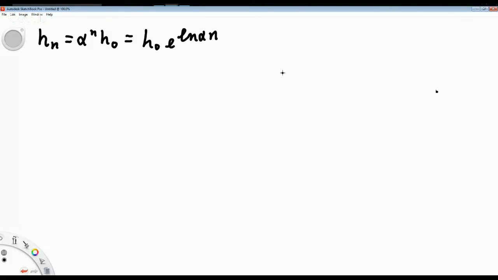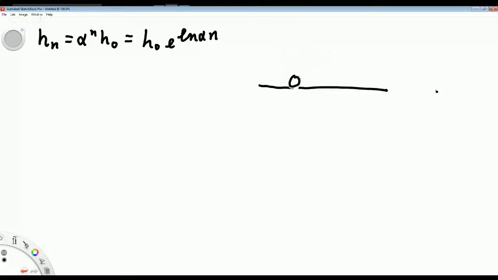So if the ball is here at the nth bounce at the height hn, sorry, excuse me, this is not what I want to say. I want to in fact first draw the ball at the moment of the nth bounce.